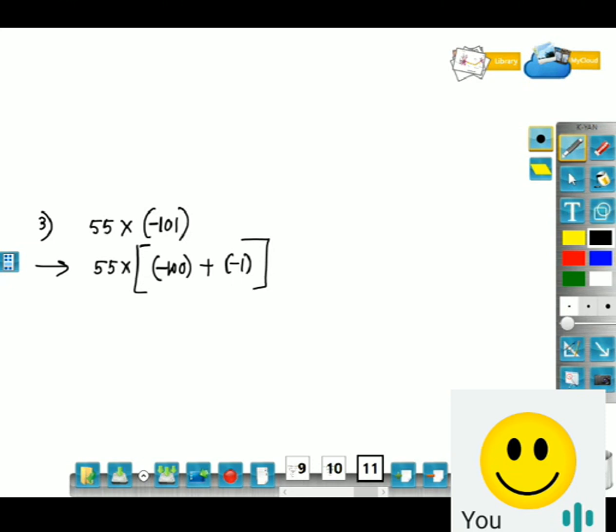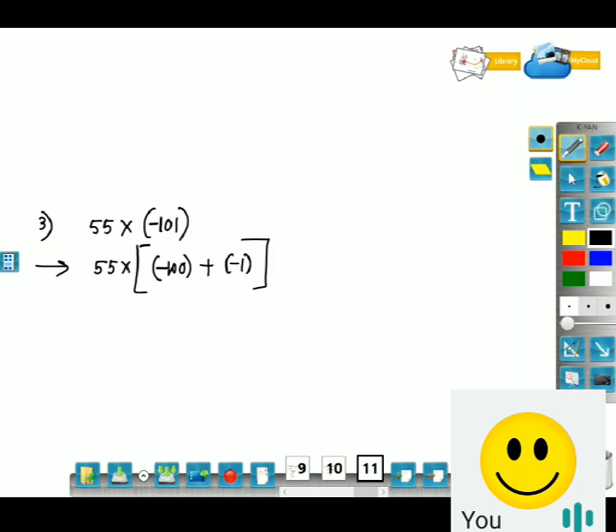Directly also we can do it. Suppose you are doing it by using the distributive property, at that time you have to split that 101 into two parts. That's why I'm writing minus 101 as minus 100 plus minus 1, because on adding these two, again we'll get minus 101.